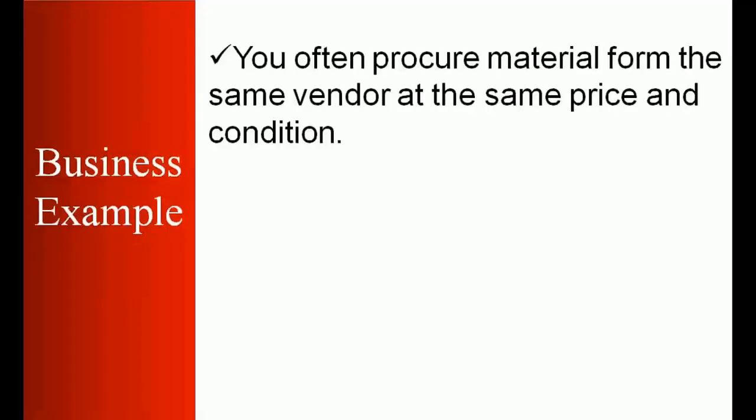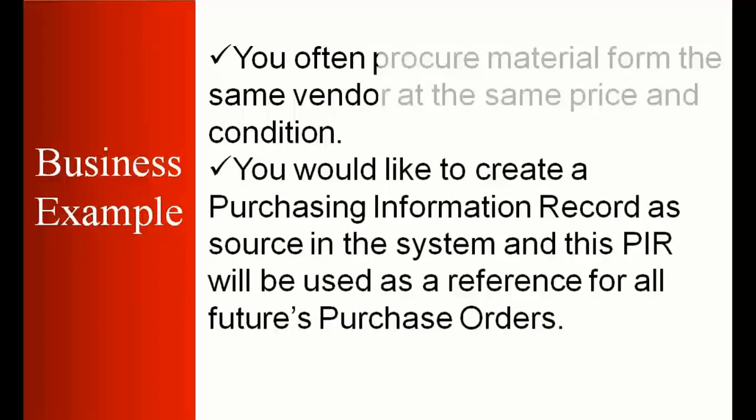First we'll start with a business example of where we need to maintain this type of record. For example, you often procure material from the same vendor at the same price and condition. In your company, you're buying the same material from the same vendor at the same price, the same discount, and the same delivery time, and you would like to create a purchasing info record as a source in the system.